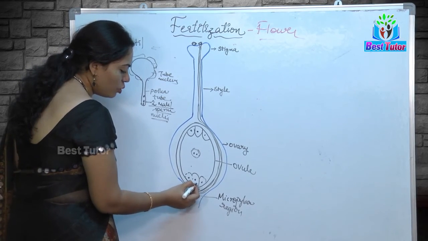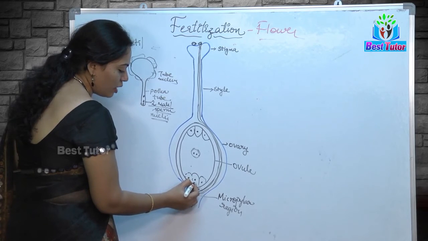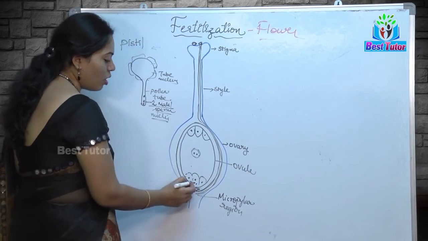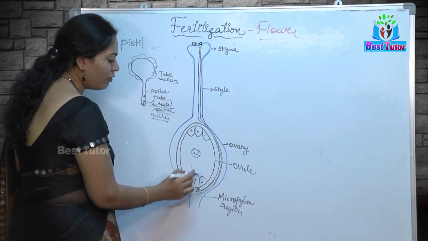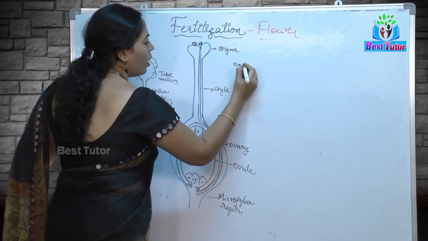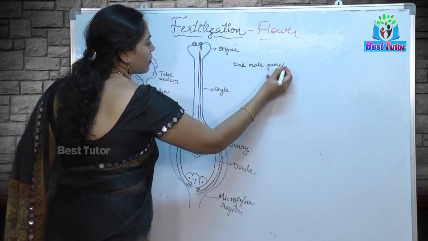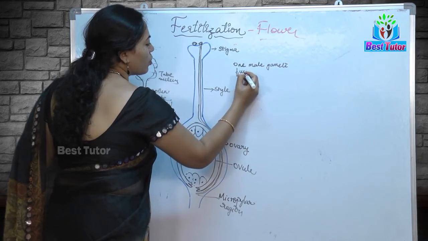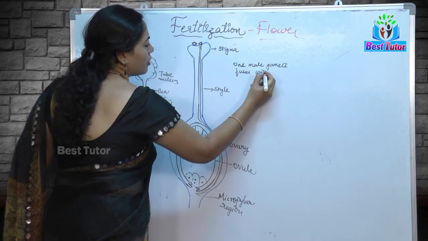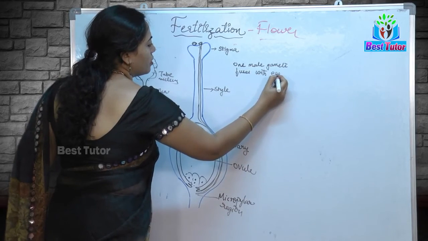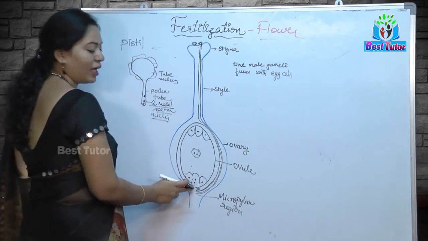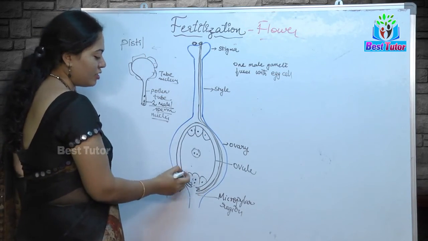Now the 2 male gametes which are released, out of the 2, one male gamete fuses with the egg cell. So we know the egg cell is present at the micropylar end, surrounded by synergids.